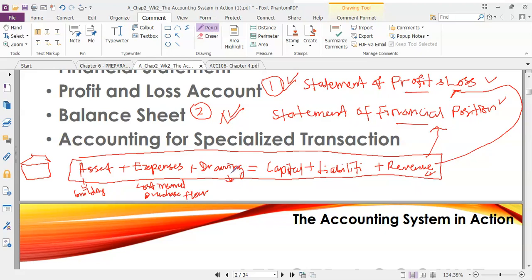Okay, next, kalau drawing pula, drawing actually when the owner took goods or cash. Owner tu sendiri. Contoh, nama owner of business bakery ni adalah Zila. So Zila ni dia owner.